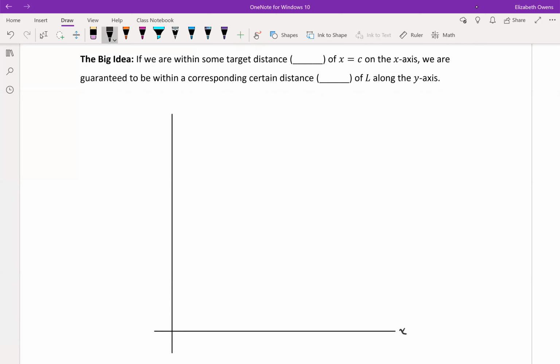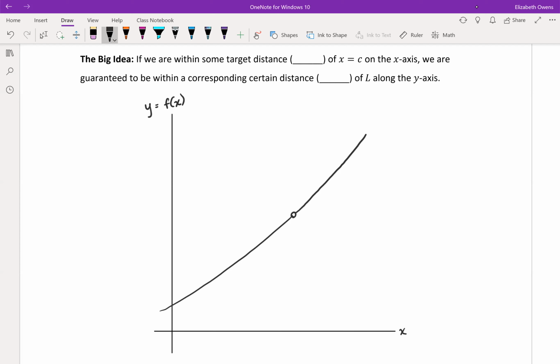So here's our x-axis, here's our y-axis, or f of x along there. So let's draw in a function, f of x. Nothing too crazy here. Let's give it a little hole in the graph, perhaps. And something like that'll do.